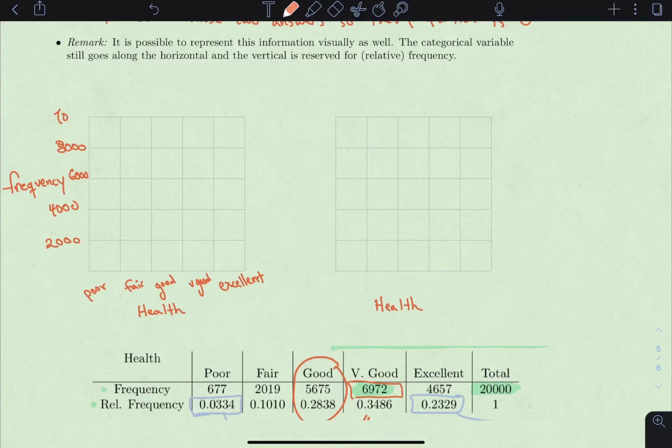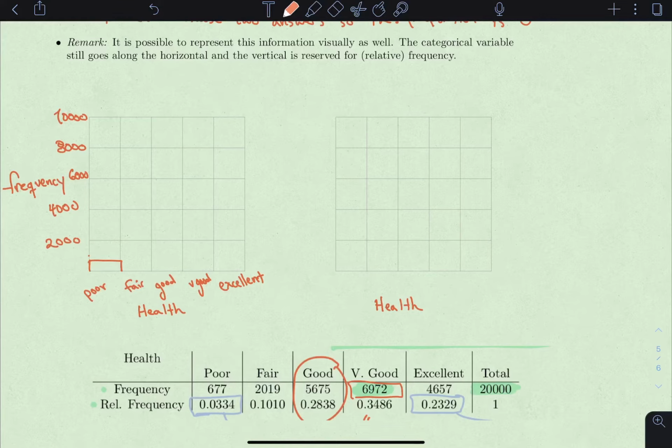And then the trick is to just make a bar that's as high as the frequency. So it's the same strategy. So if that's about 1,000, that's about 500. So 670 is probably around here.